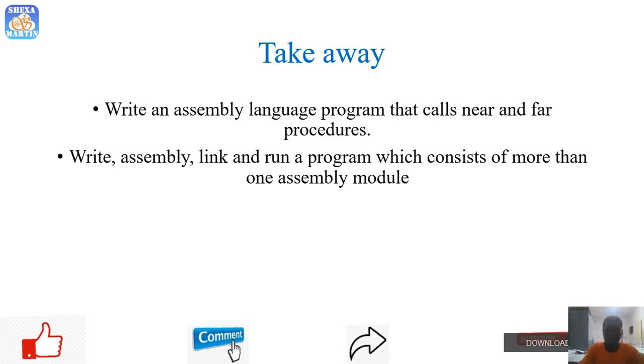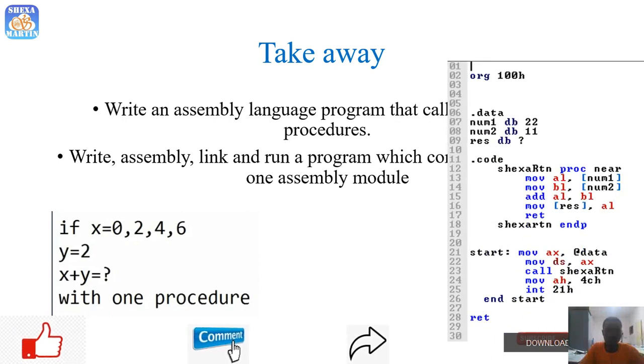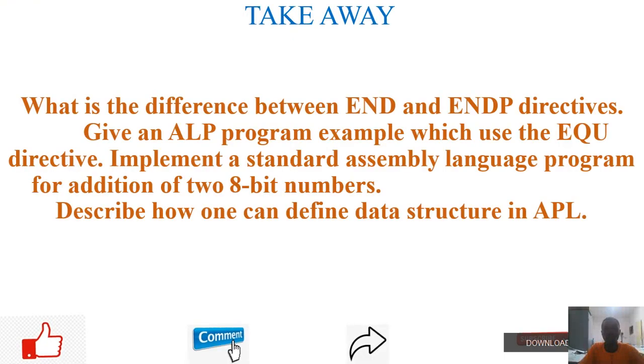Write an assembly language program that calls near and far procedures. Write, link and run a program which consists of more than one assembly module. And then you may also need to use a procedure to convert that code into assembly language.